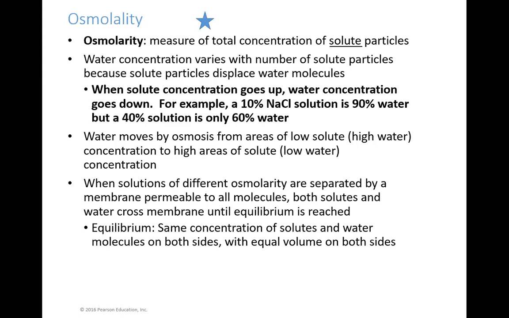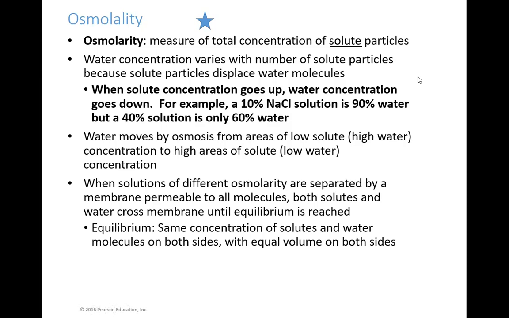Whatever the solute, the concentration of the solute determines the water concentration. 10% sodium chloride is 90% water. 40% sodium chloride is 60% water. When you have a membrane in the middle, you're always going to go from the high water side to the low water side.